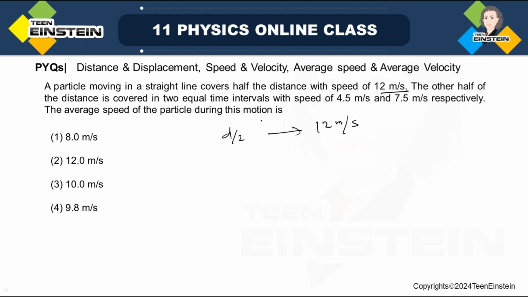Then the other half distance is covered in two equal time intervals with speed this much and this much respectively. The average speed of the particle during this motion. So d by 2 and half of that, that means d by 4 distance.